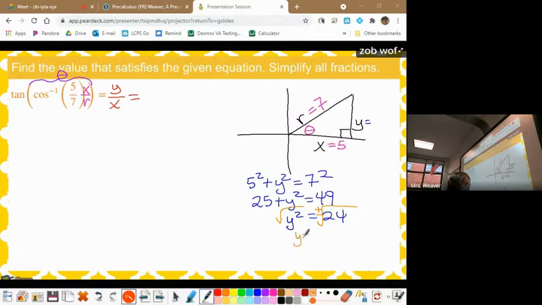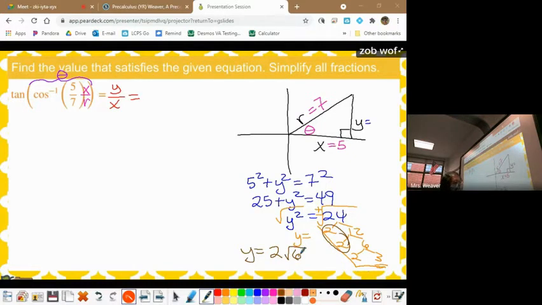So that gives me y equals, if I break down 24, that's 2 times 12, 2 times 6, 2 times 3. When the number on the right is prime, we're done. We're looking down the left side and across the bottom. I've got a pair of 2's, and I've got a 2 and a 3 still multiplied together under the radical. So that's going to be 2 root 6.